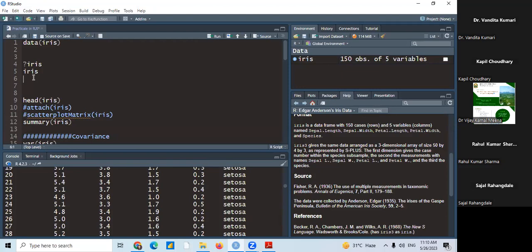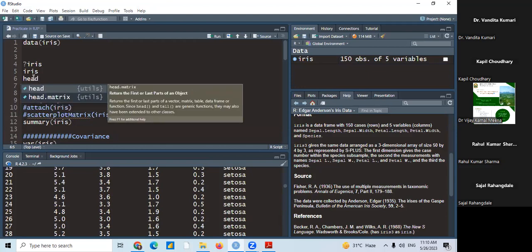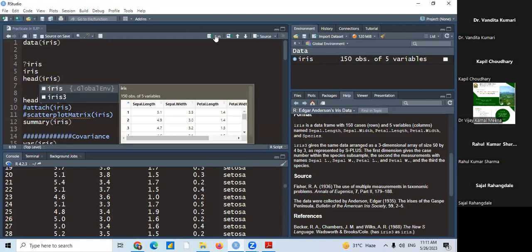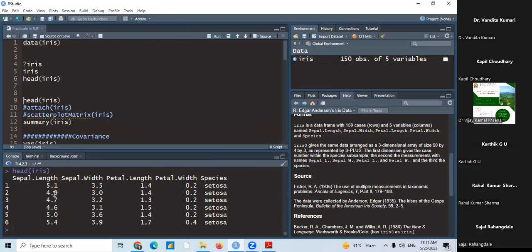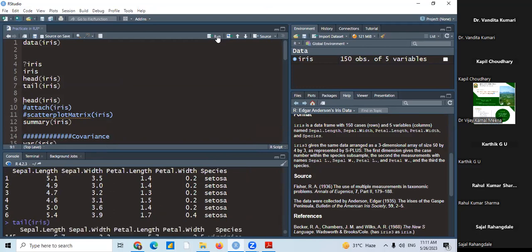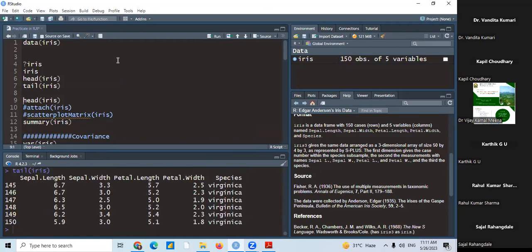But we would like to see just the head, meaning just 6 rows of the data set. So we write head iris. This will give only the first 6 rows. Similarly, if we would like to see the last 6 rows, we can write tail iris.